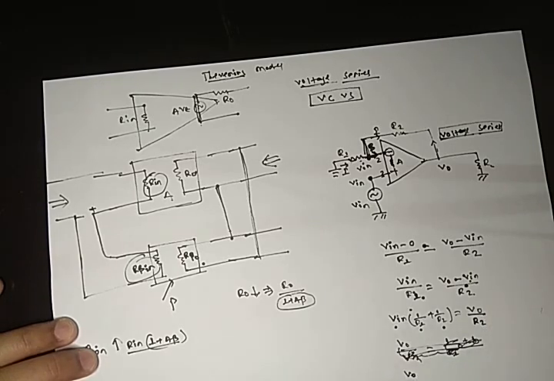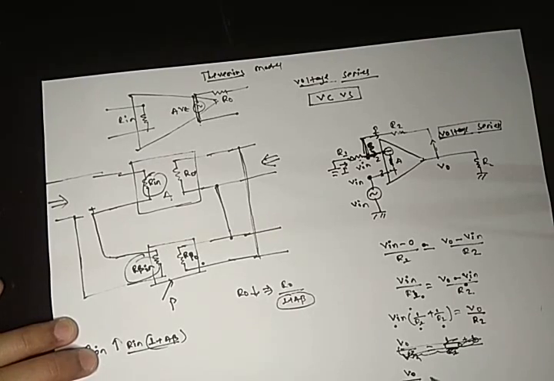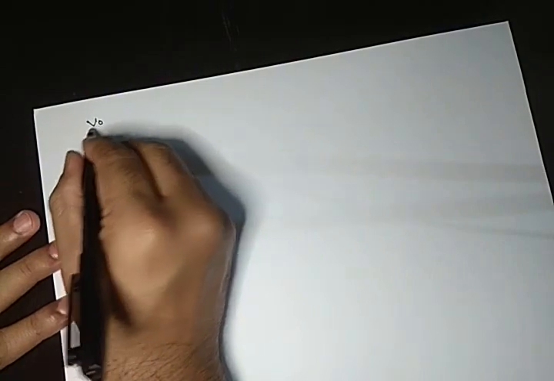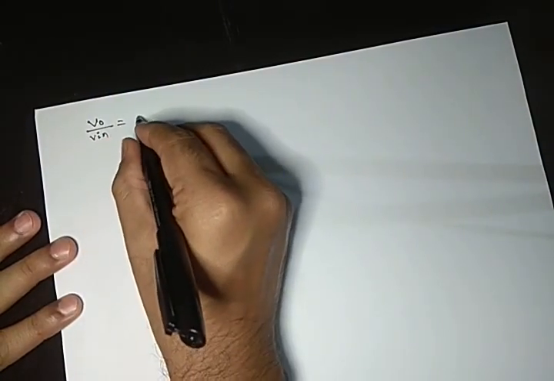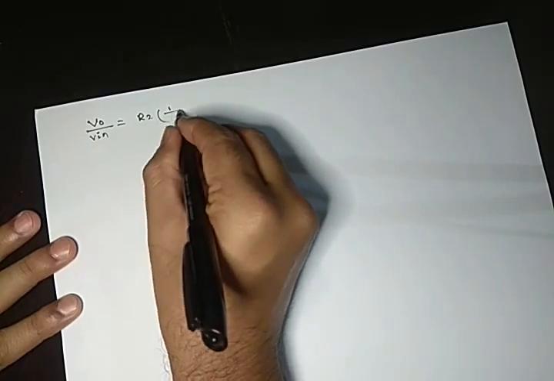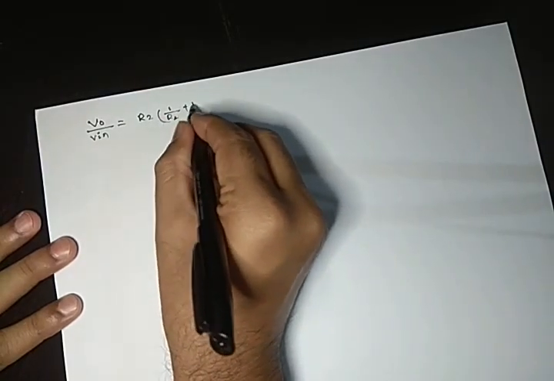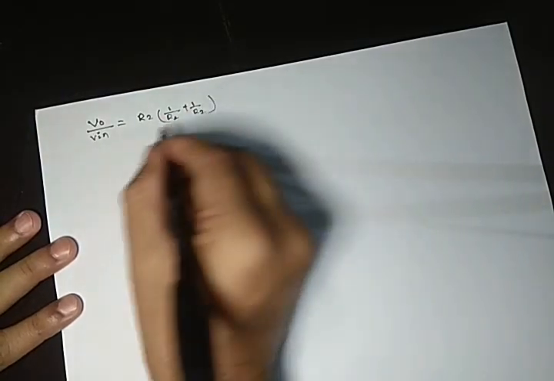Now if we need to calculate V0 by V in, then it will be R2 into 1 by R1 plus 1 by R2.